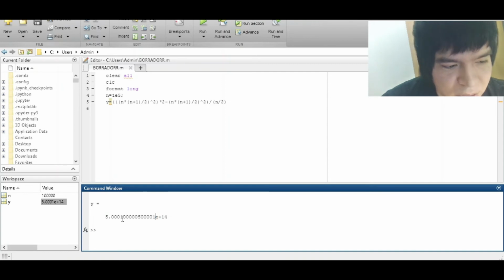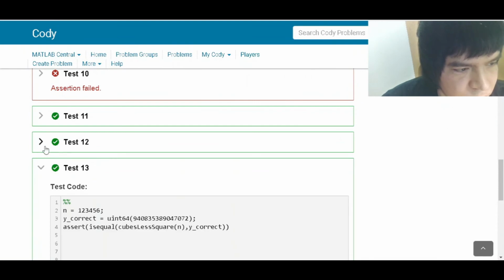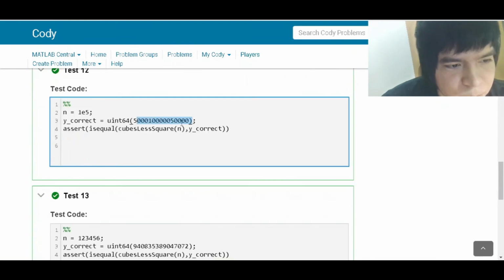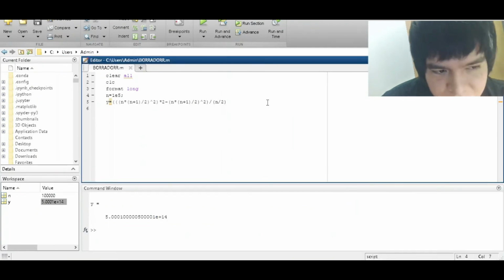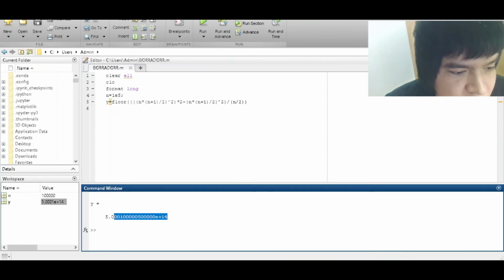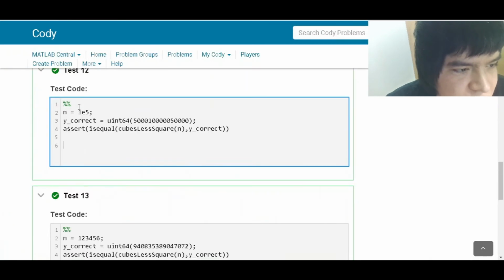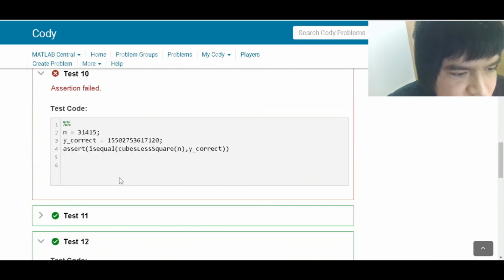So it should be something like the correct answer, this one, point something like 0.6, 0.7, and when we are getting the answer, it is rounded to 1. And the fix to that is just adding a floor to get a natural number answer. This way we were able to pass test number 12, and now we need to find what's happening with this one.